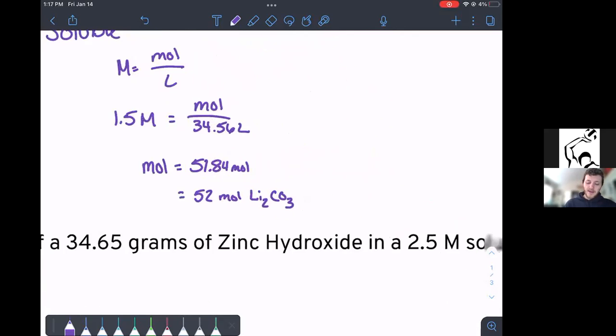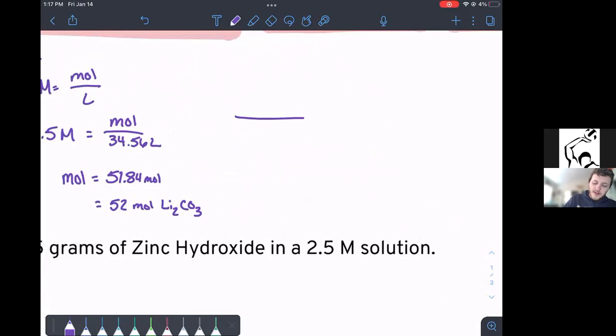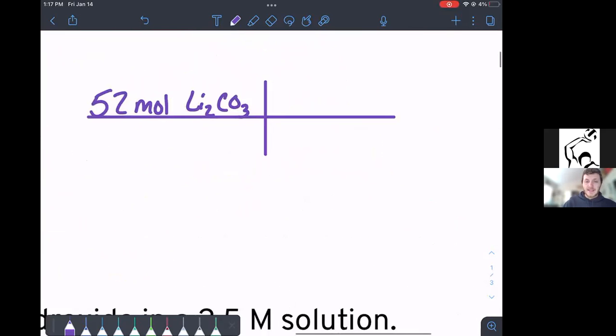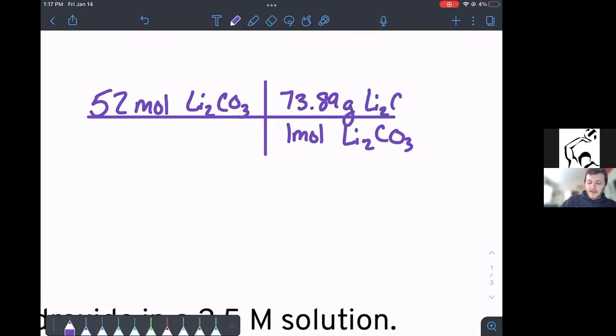We can go ahead and now use those moles to convert to grams using our railroad tracks. So we know 52 moles of lithium carbonate, and we know that based on our molar mass, 1 mole of lithium carbonate is going to be equal to 73.89 grams of lithium carbonate.